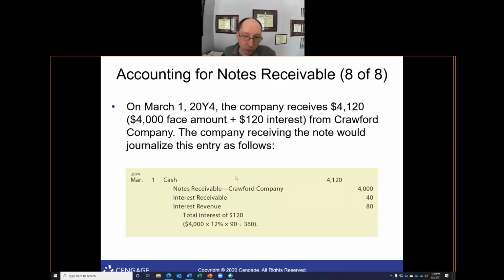And in this example, we're receiving cash payment from the customer for the loan that we issued to the customer. You debit cash, credit notes receivable, credit interest receivable, and credit interest revenue.